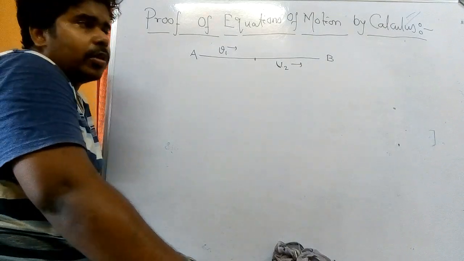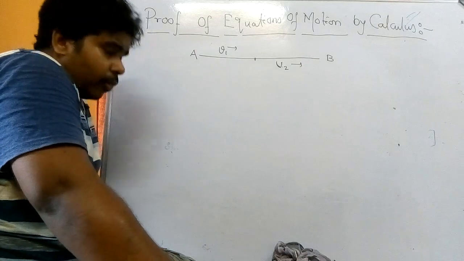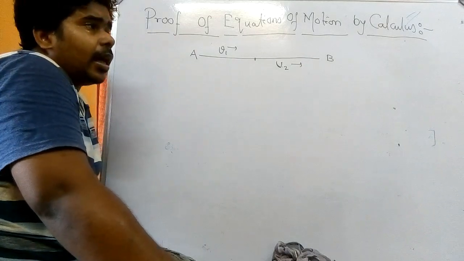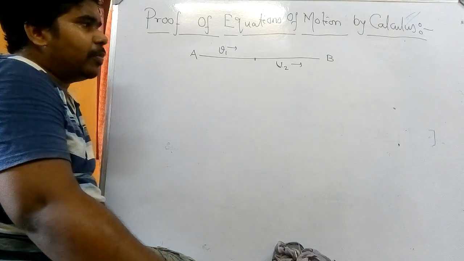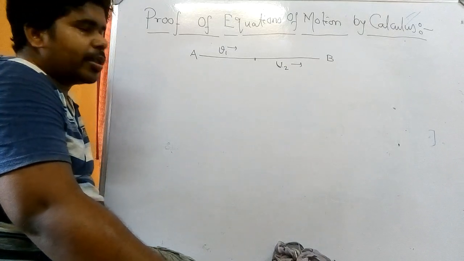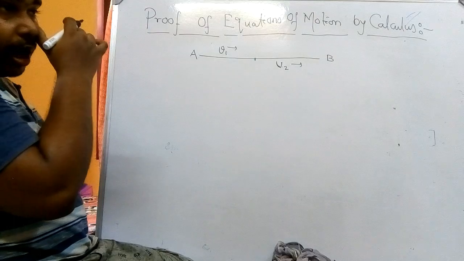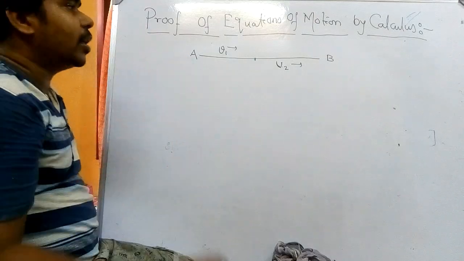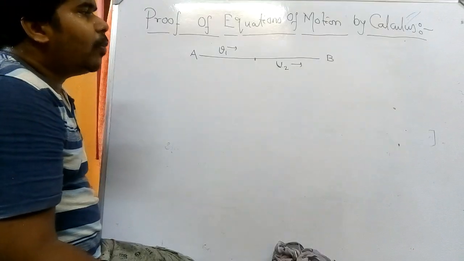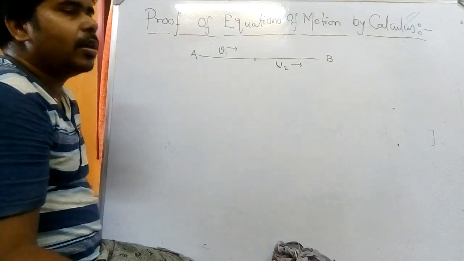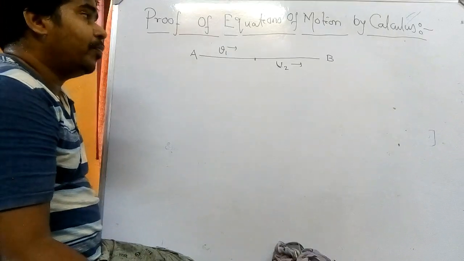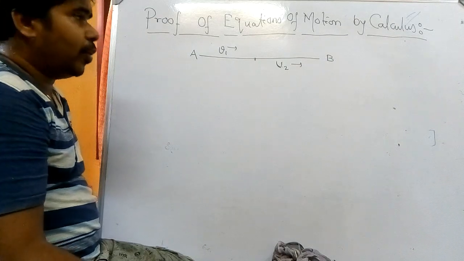It's a very common question. I know that most of you have done it in class 9, but I'm just making you remember a little bit, because from here the questions may come several times. So half of the distance is covered by a body with a velocity of v1, and half of the distance with a velocity of v2, then what will be the average velocity?